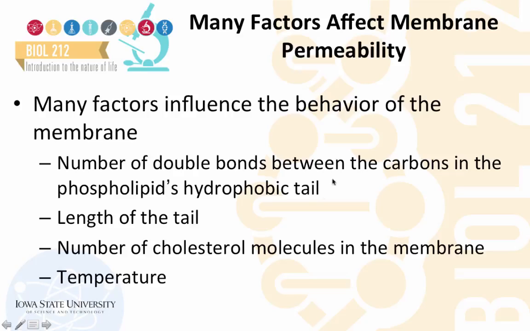There are many factors influencing the permeability of membranes. These include the number of double bonds between the carbons in the phospholipids' hydrophobic tail, the length of the tails, the number of cholesterol molecules in the membrane, and the temperature or energy provided to the system.